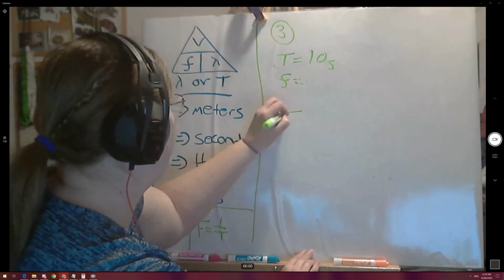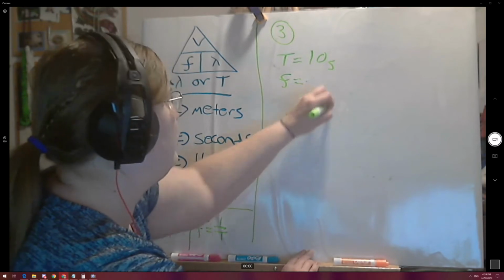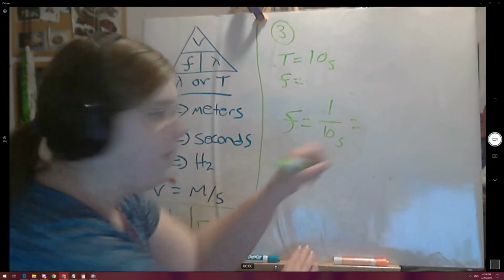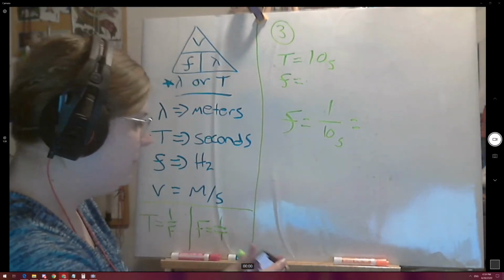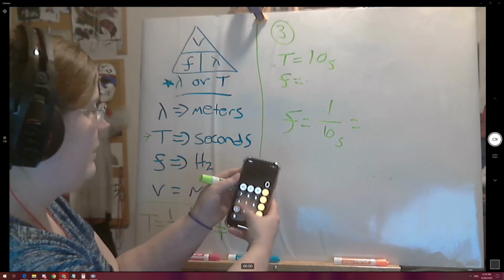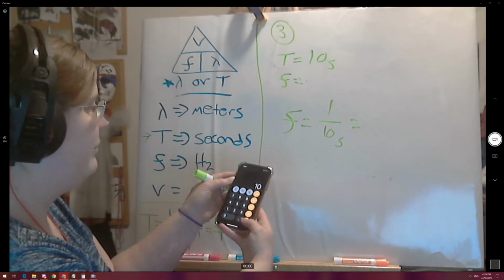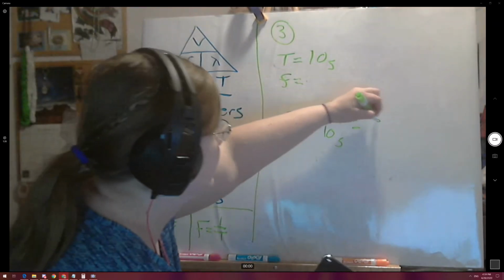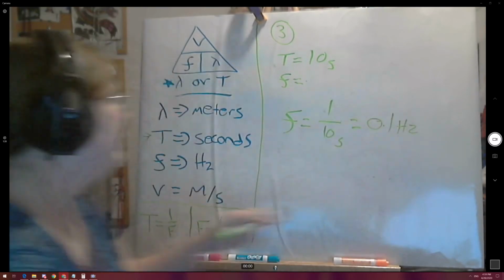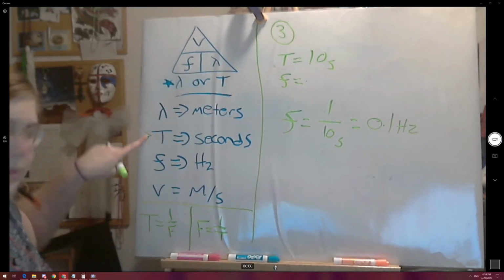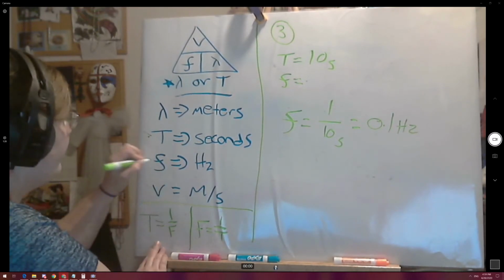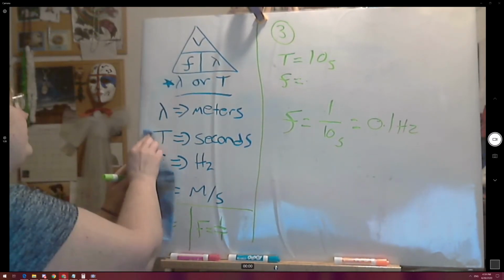So F equals 1 over 10 seconds. We plug that into our equation. 1 divided by 10, and we get 0.1 hertz, because that's what our units is for frequency, which is hertz.